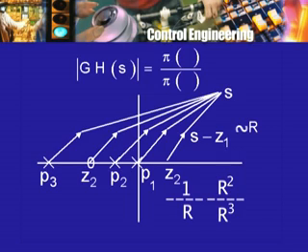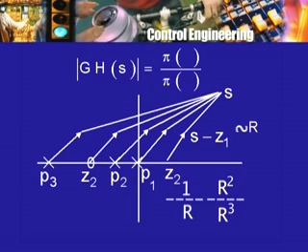Essentially what I am saying is that the modulus of GH of S for S equal to r e raised to j theta, when r is sufficiently large, and now what do I mean by sufficiently large? r is much larger compared with the distances of the poles and zeros from the origin.